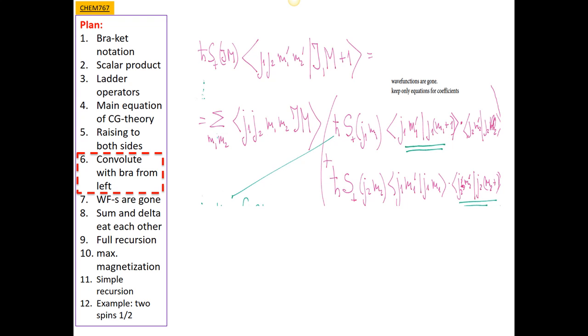And for the magnetic projection of the second system, M2 prime equals M2 plus 1, delta M2 prime comma M2 plus 1. So we are going to observe the snake and the rabbit once again.